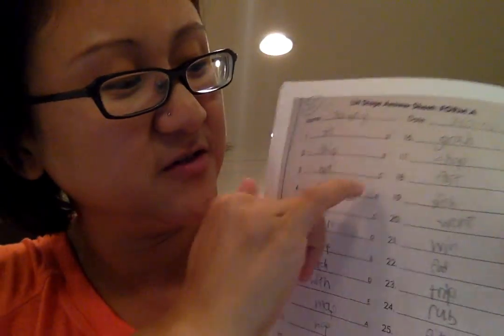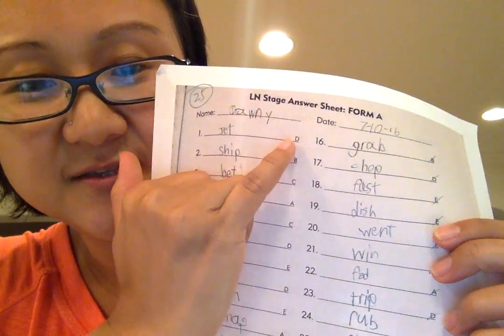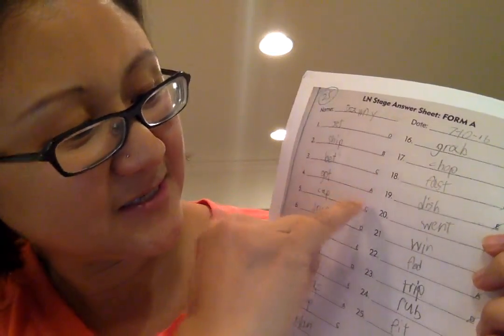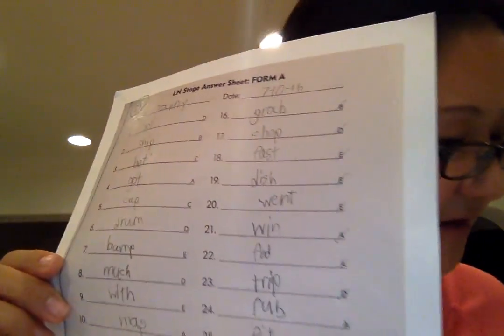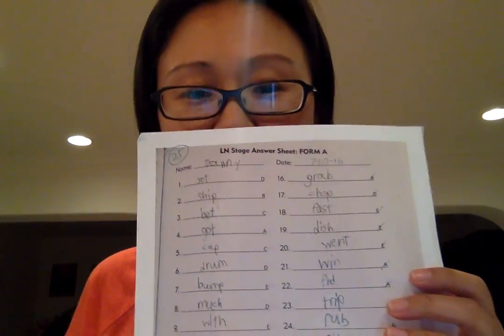See there's a little letter here, D, B, C, A, C. That's really the feature. Like here, feature A, feature B, feature C, D, E. There are 25 words in each sheet, and then 5 represent each feature.